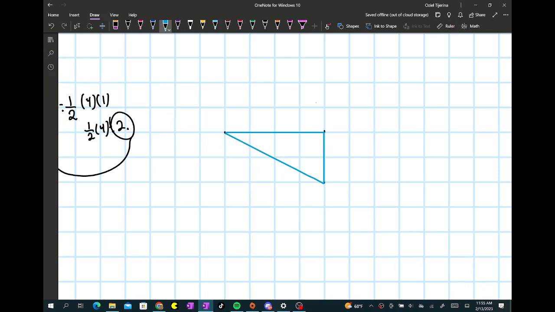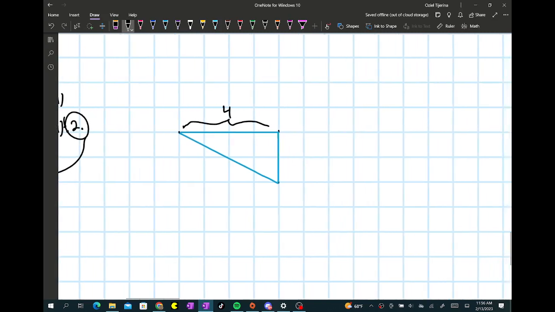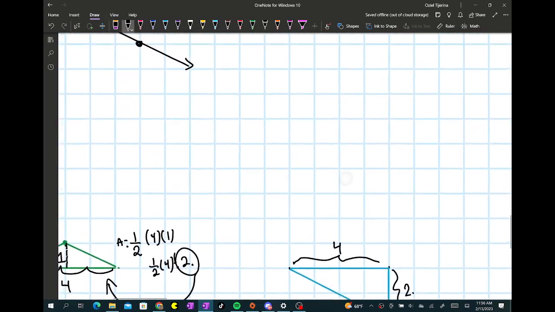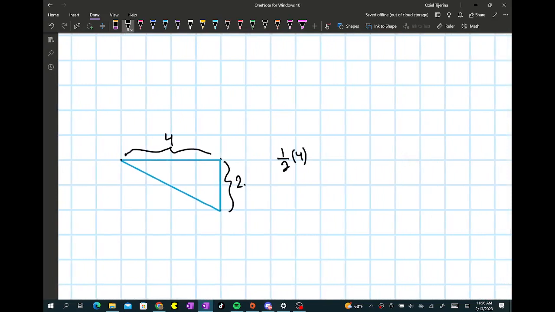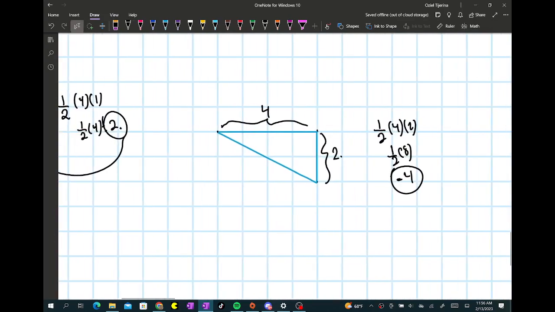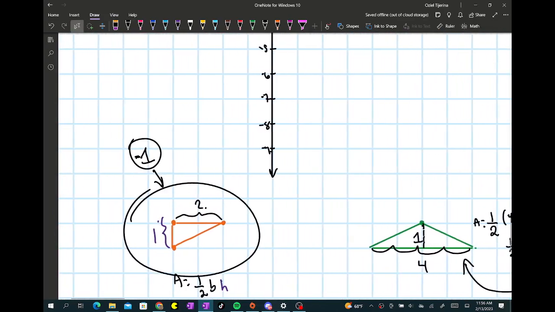The base is 1, 2, 3, 4, so it's 4, and the height is only 2. And again, guys, it's going to be negative because it's below the x-axis. So we do 1/2 times 4 times 2, which is 1/2 times 8, which is 4, but negative.